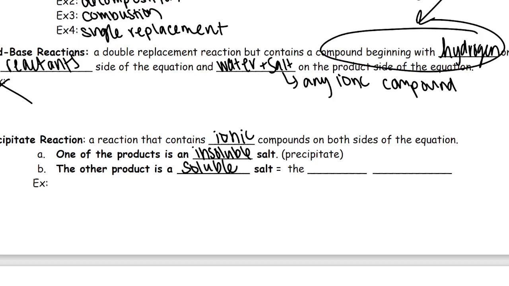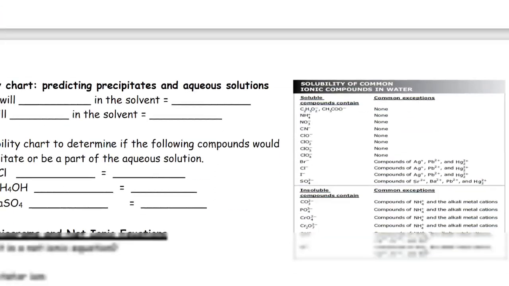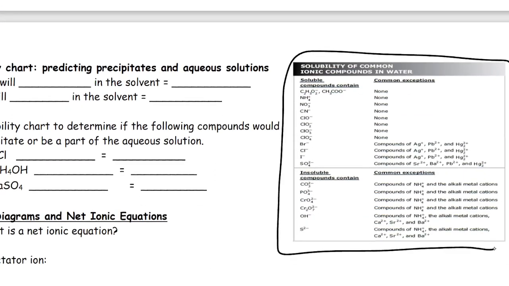The soluble salt forms your what? Do you remember? Not the precipitate, but if you remember using this chart before, when you looked something up, it was either going to be soluble or insoluble. If it was insoluble, perfect.